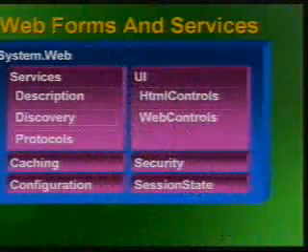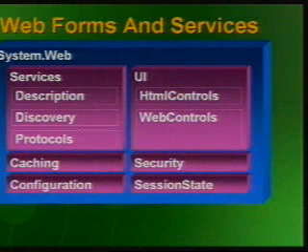Looking at the web forms and web services part of the framework, in the System.Web namespace, first you'll find lower level things that are shared between web services and web UI, like caching, configuration, security, state management, and so forth. Then we have System.Web.Services that provides you classes to deal with protocols, discovery, and so forth.